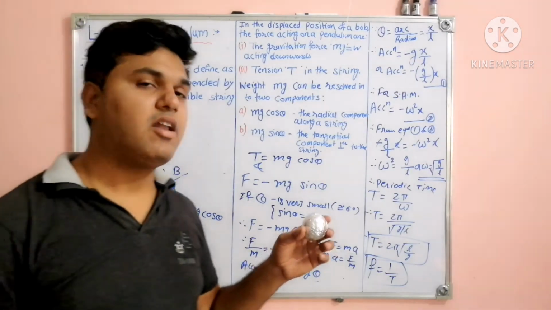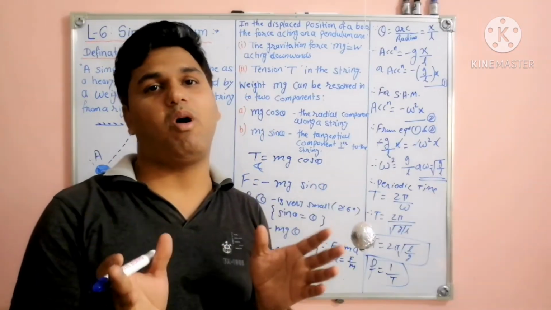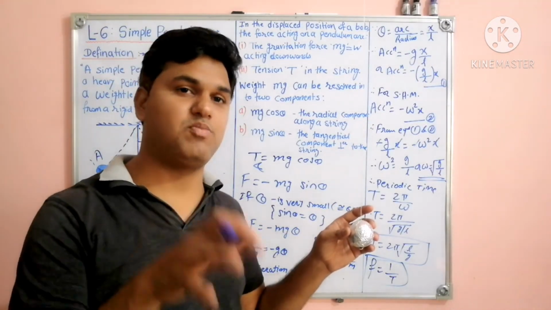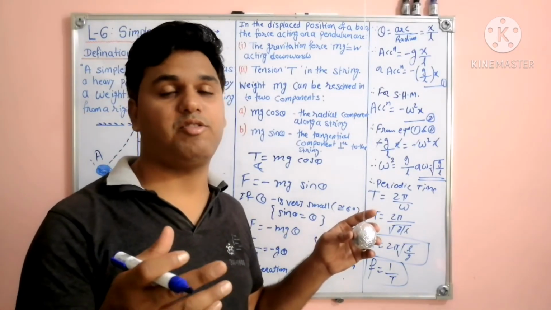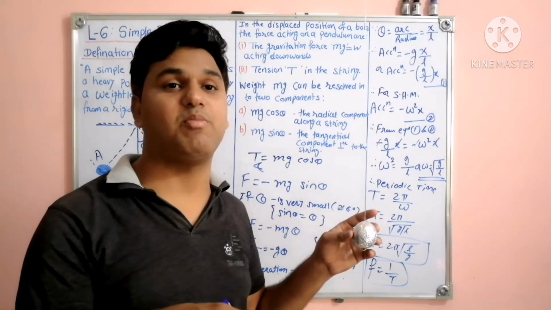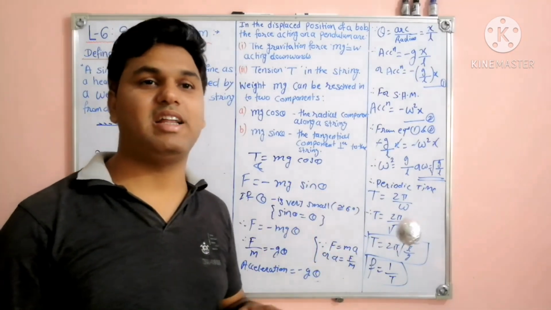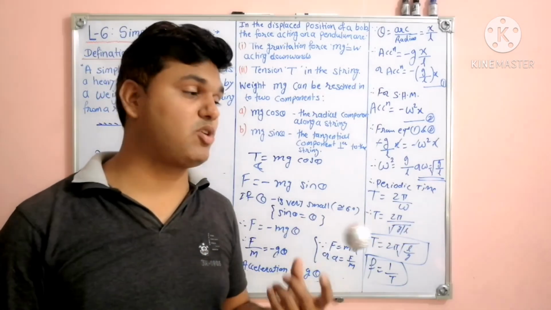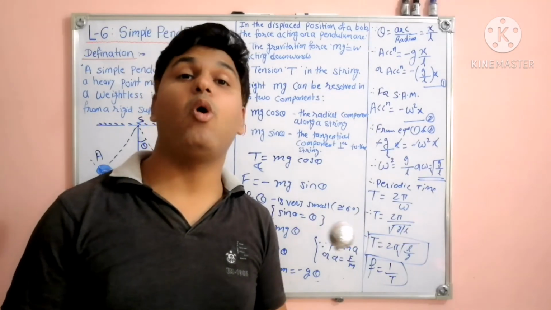Now consider another situation. If we take a box, place this system in it, remove all the air, that is, create a vacuum inside the box, and perform the same experiment, what happens inside this box? The pendulum oscillates continuously. The pendulum does not stop because there is no air resistance.